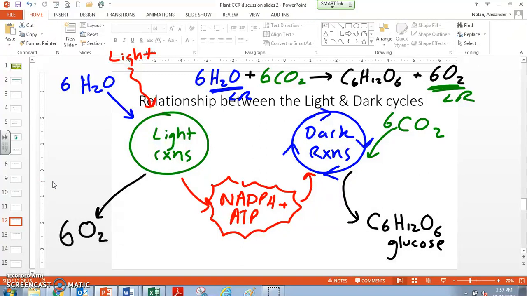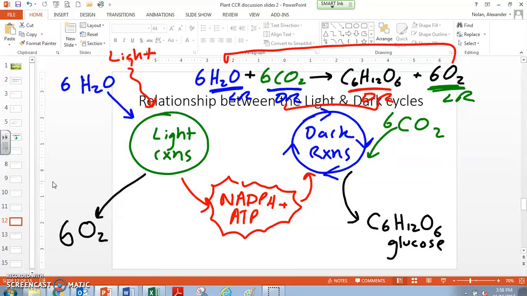And if we look at what the dark reactions are doing, the dark reactions are absorbing that carbon dioxide, and then the sugar is being produced by our dark reactions. So these are our 2 things involved in the dark reactions, and these are the 2 things involved in our light reactions.